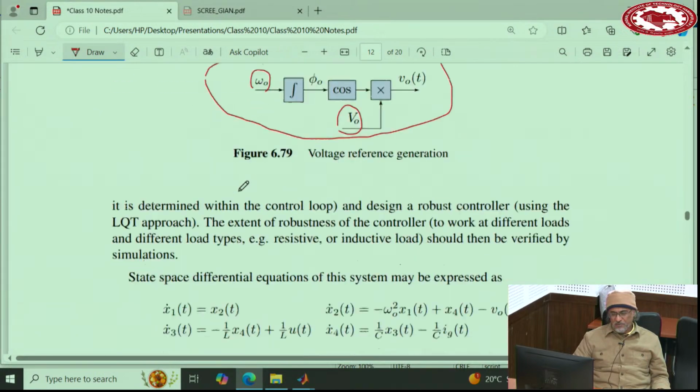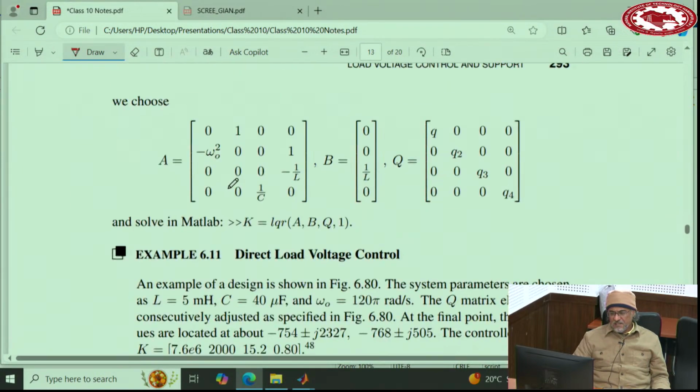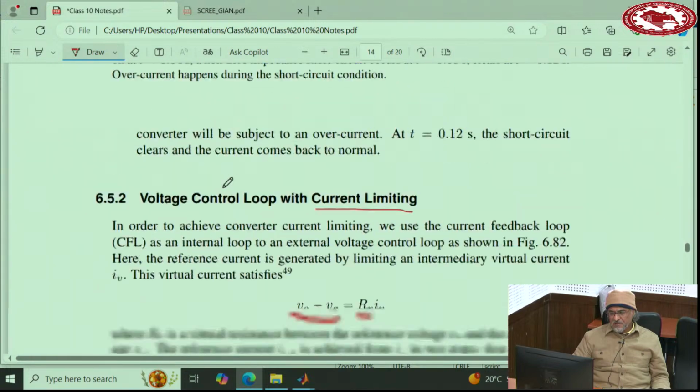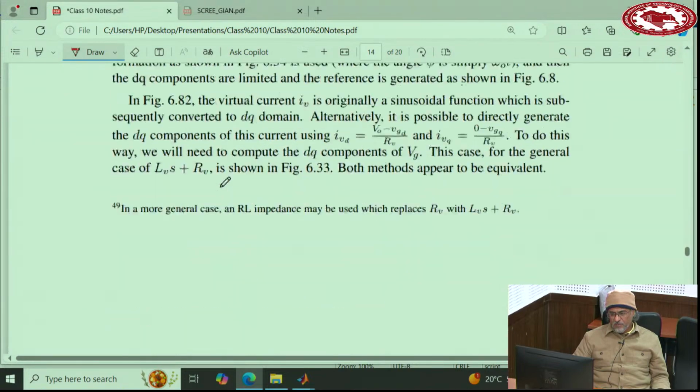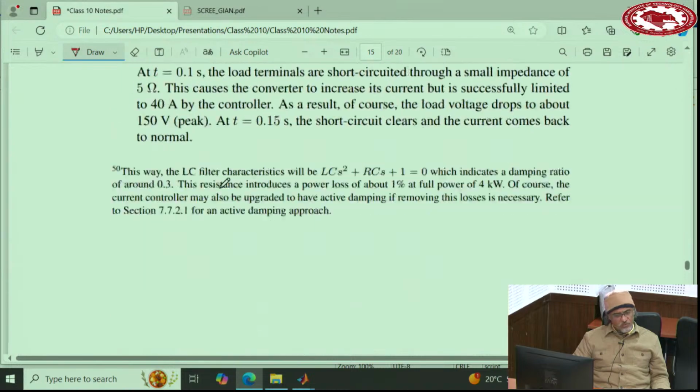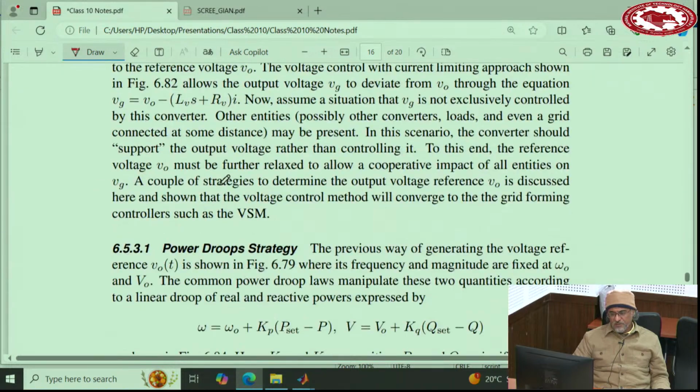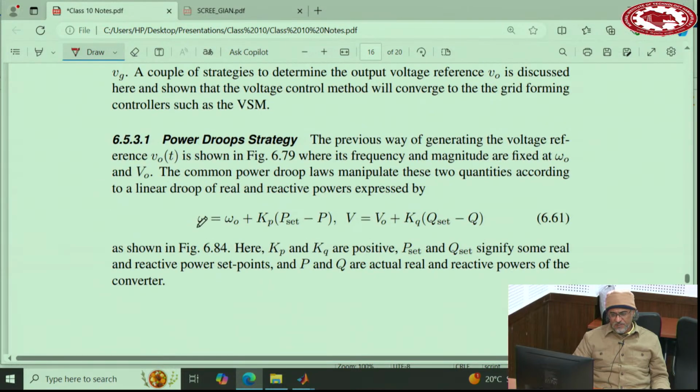So you say, I go with the approach that I just talked about, load voltage control, but I will relax the frequency and voltage. But what do I mean by relax? Again, there could be different opinions, but this is the common way that has been done in synchronous generators.